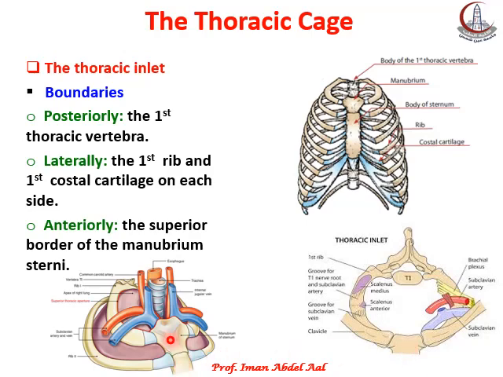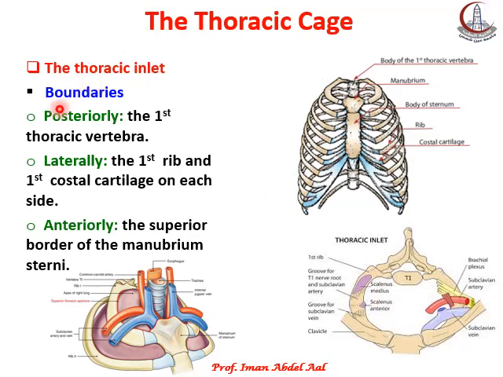This is the sternum, and this part is called the manubrium sterni. And on the sides, you can see the first rib and its costal cartilages.